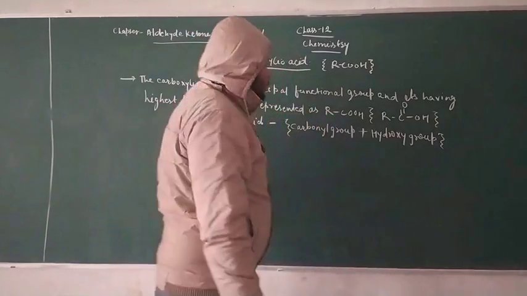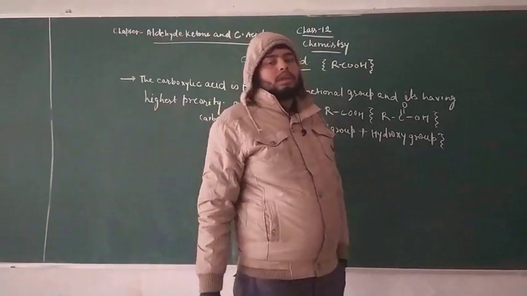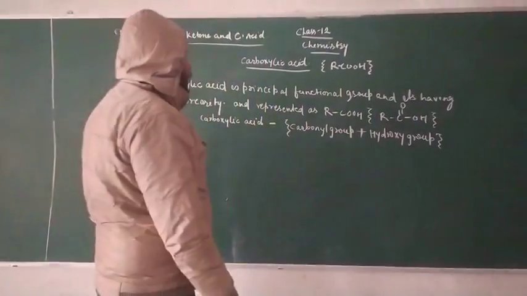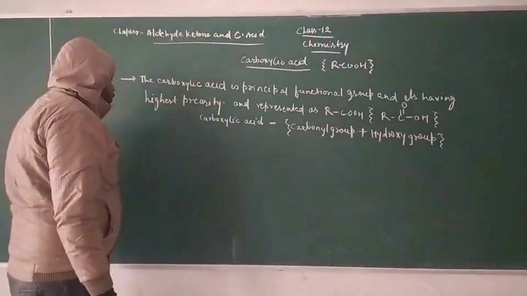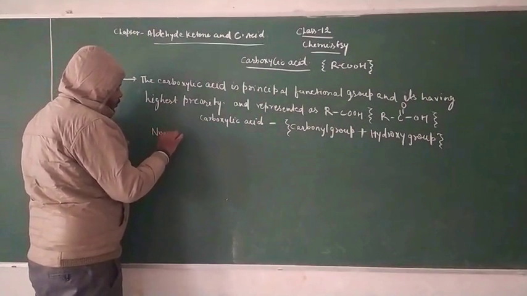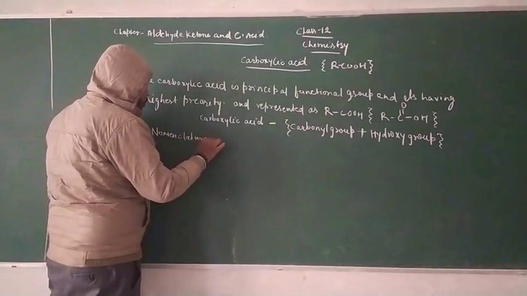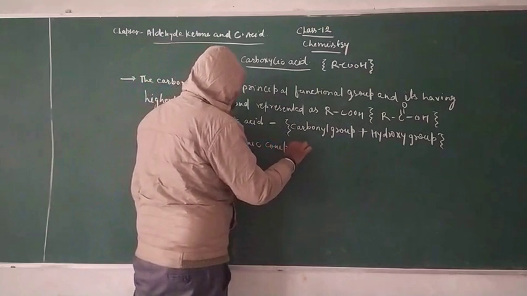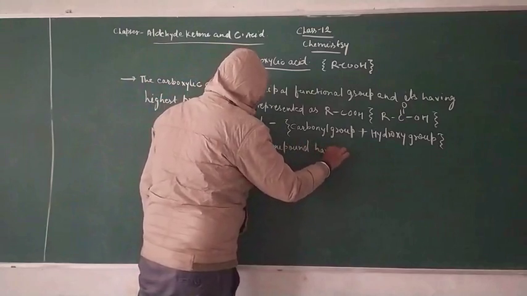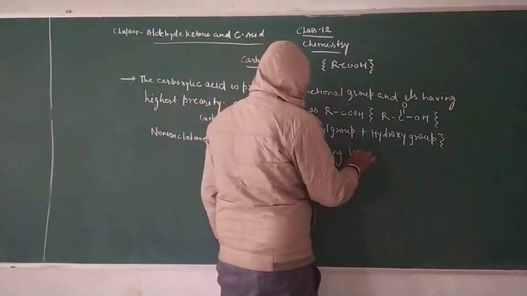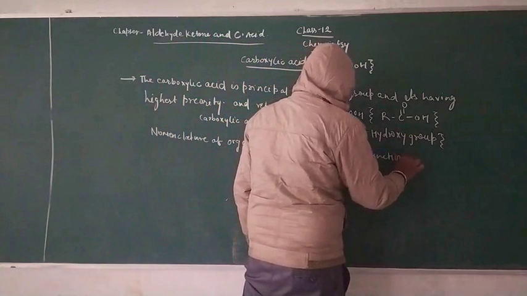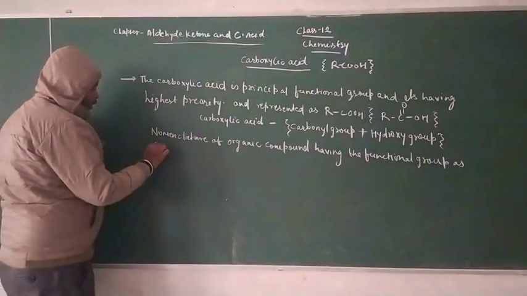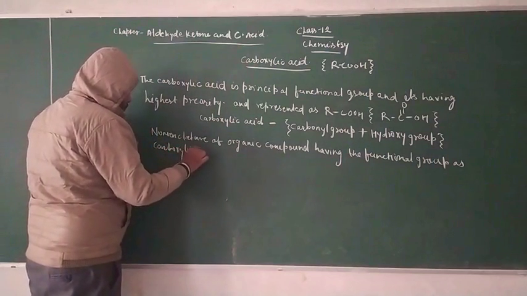So first of all, in the sequence of this topic, we have to know about the naming, that is the nomenclature, of organic compounds having the functional group as carboxylic acid.